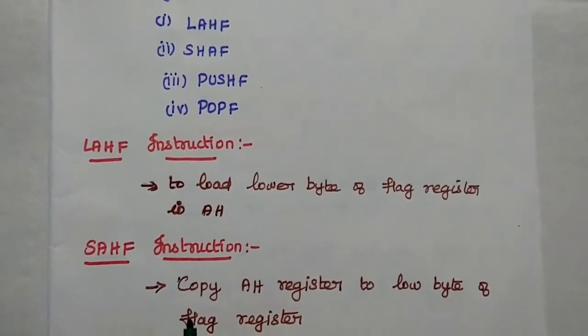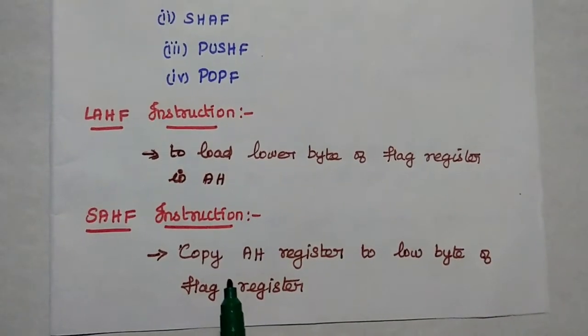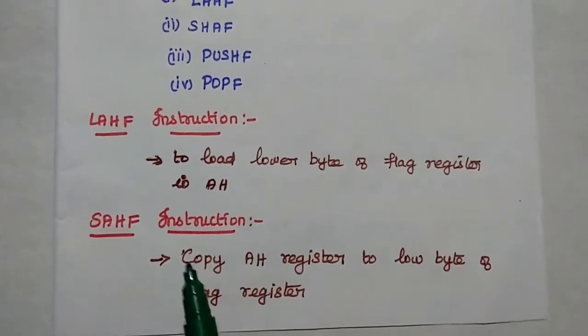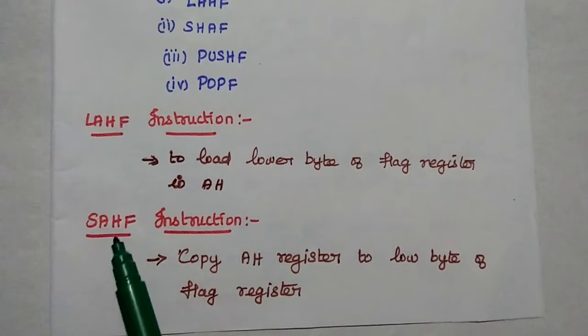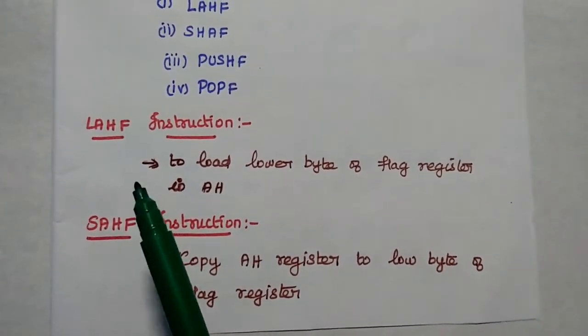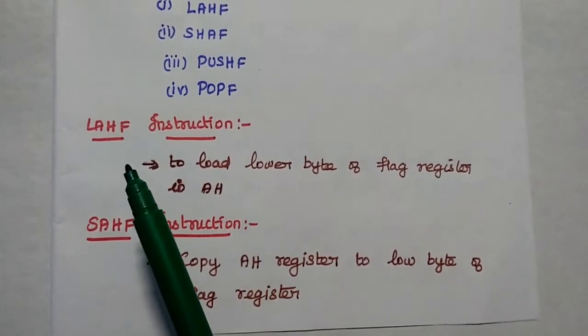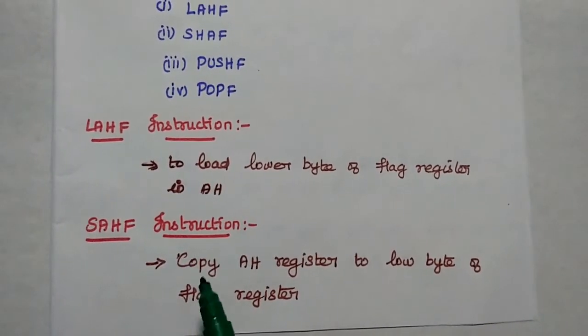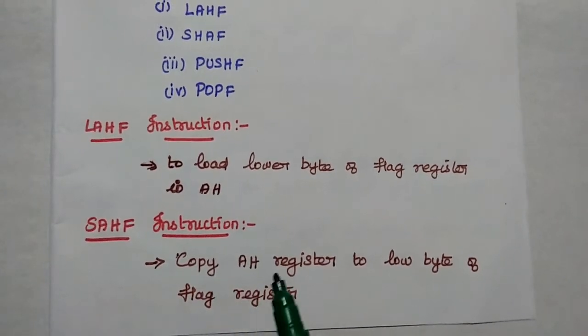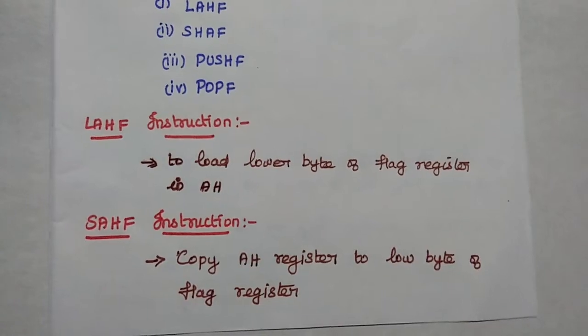The next is the SAHF instruction, which copies the AH register to the low byte of the flag register. So if you want to load the flag register into AH, we use LAHF. If you want to store the AH value into the flag register, we use SAHF.